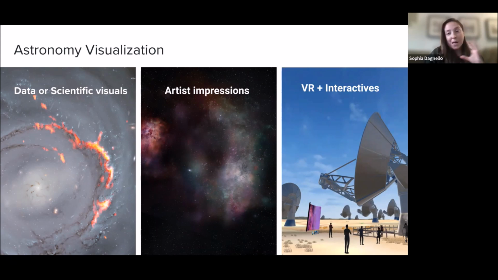And these are based off of data, but not necessarily real, if that makes sense. And the third thing I'll touch on a little bit is some of the newer things that we've been working on, which is virtual reality and interactives with mixed reality and augmented reality, and different types of interactive content in that sense.